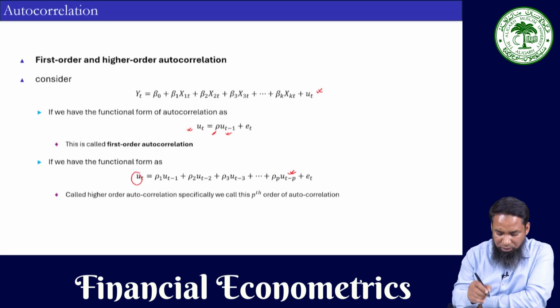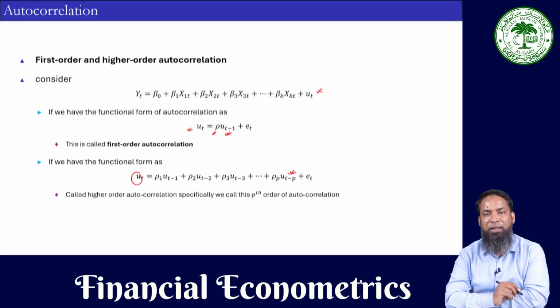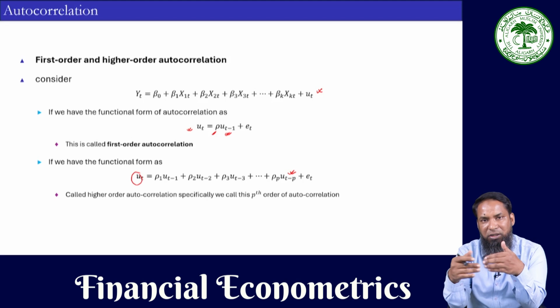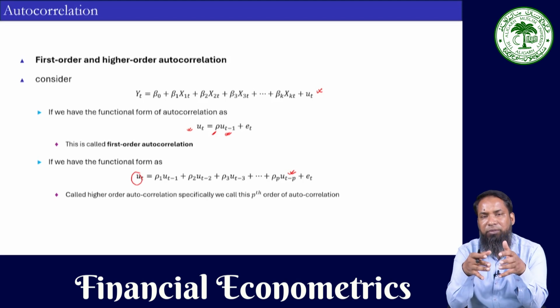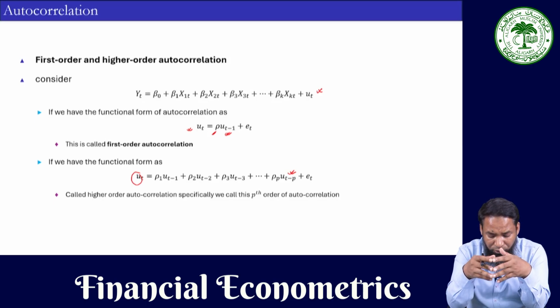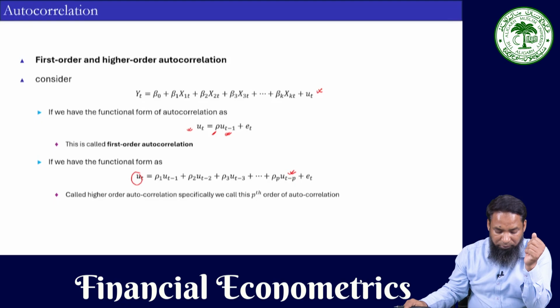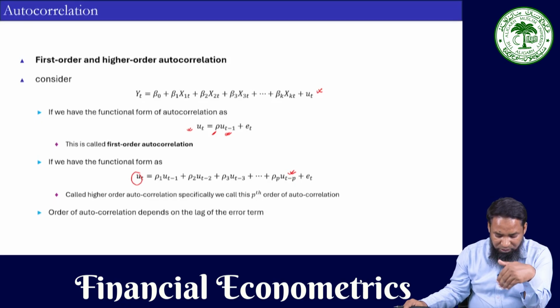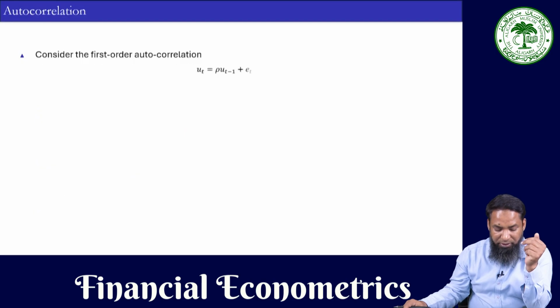So, in short, if we have only one lag, then we call it first order autocorrelation. If we have more than one lag, that is, more than one previous error term is affecting the current error term, then we call it higher order autocorrelation. Now, the order of autocorrelation depends on the lags of the error term.